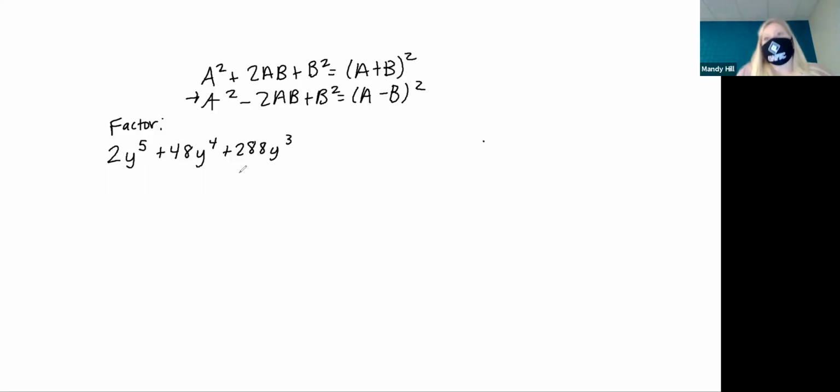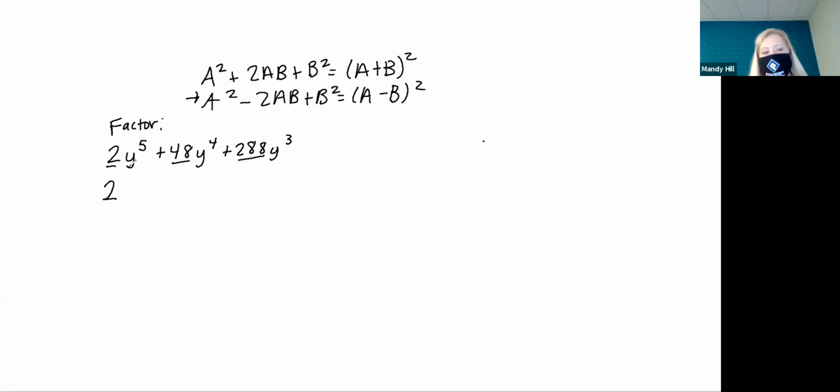So remember that the first step is, can I factor anything out? That's what you should be asking anytime you have to factor something. Can I factor something out of all these? So I'm looking at this and saying, well, the only thing I can factor out of this first term is a 2. If I just focus on my numbers, 2 and 48 and 288, I know I can at least factor a 2 out of all that stuff. So I can take a 2 out. What's the most amount of y's I could take out?